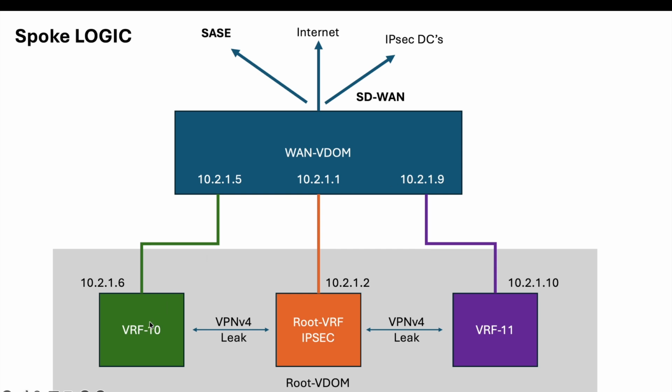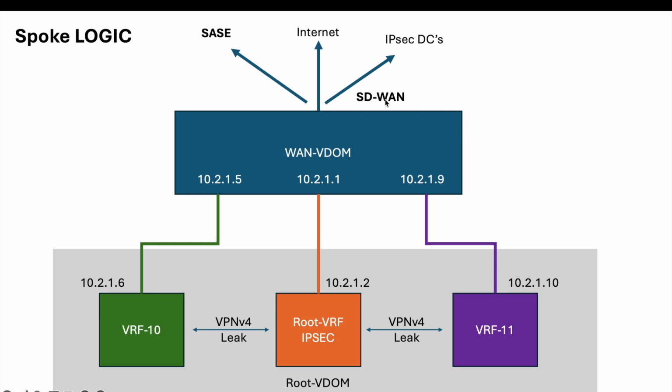So when VRF10 wants to speak to the internet, we have a default route here saying anything you don't know about, anything which is not a longest match coming from corporate, send it up to this interface here. The WAN VDOM then looks at its routing table, and says, okay, well, this is SASE. I'm going to use SD-WAN to send it out the IPsec tunnels going to whoever the SASE provider is.